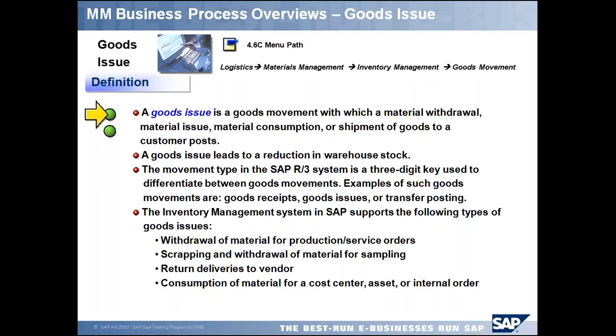For him, he cannot say that I'm consuming or I'm issuing. What should he do? He should only withdraw. So for withdrawal there is a special movement that's called material withdrawal. He cannot say whether it is an issue to someone else, or consumption, or shipment. In those cases they will go for withdrawal.